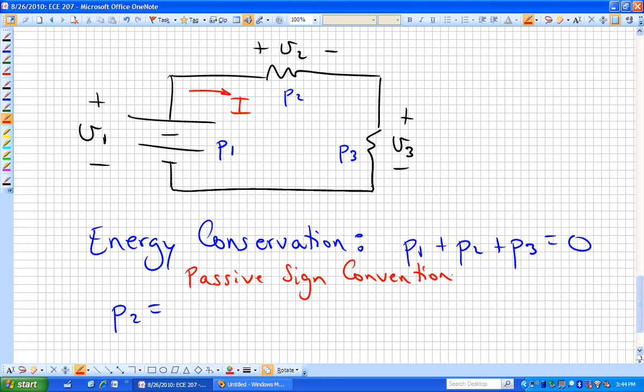You might say the current could be going left or right and it's still going into the positive terminal. The shorthand I mean when I say into is that the current touches the positive sign before it goes through the element itself. Does that make sense? If I say current's entering the positive terminal, that means it's touching the positive terminal that we've labeled before it goes through that particular element.